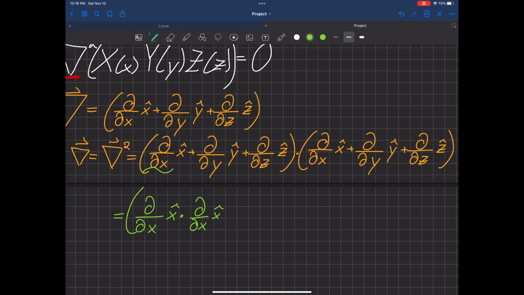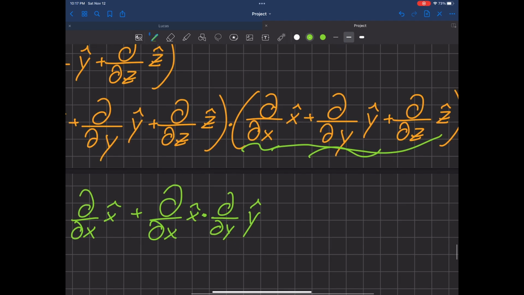But then we're also going to have, we're FOILing, right? First, outer, inner, last. So we just did that one, but it's really multiplying by all of these, because of this plus. So now we're going to go with the y: del per del x, x hat dotted with del per del y, y hat. Okay, here's the interesting thing.